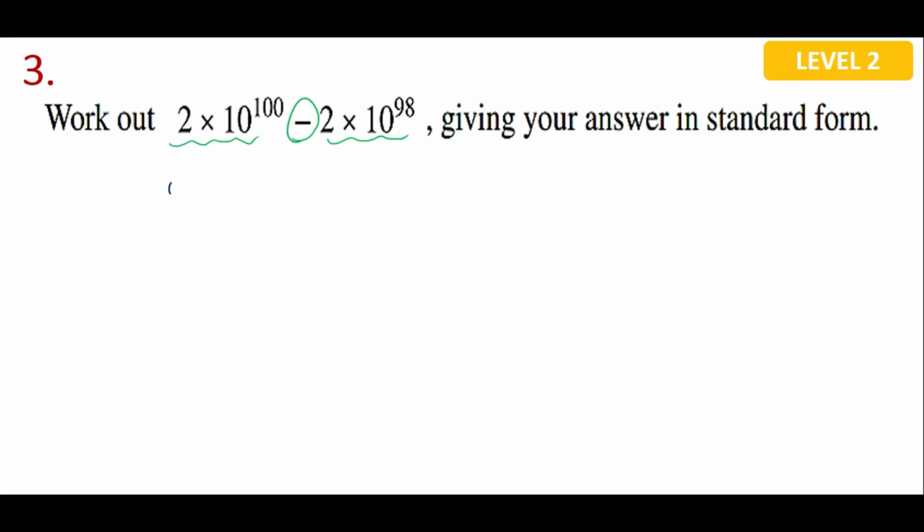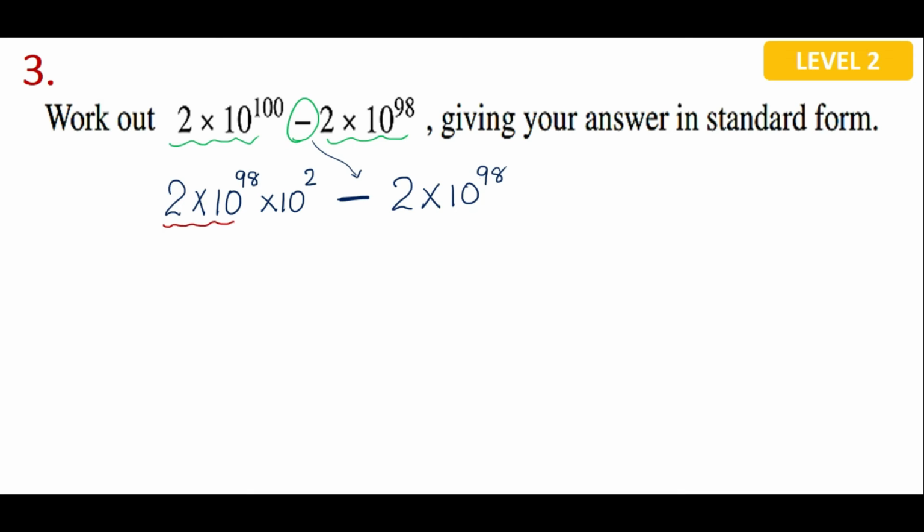So I can write 2 times 10 to the power 100, and I have 98 here. So I'll try to write it as 2 times 10 to the power of 98 times 10 to the power of 2. I'm just splitting this 100 into 98 and 2, minus, this is the same minus in the middle, 2 times 10 to the power of 98.